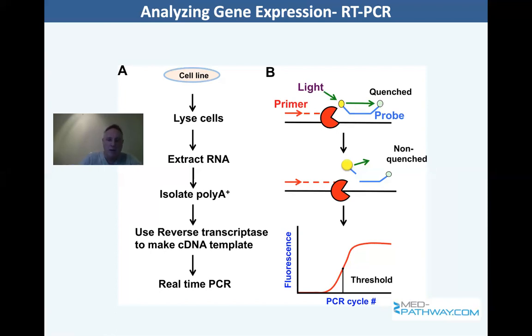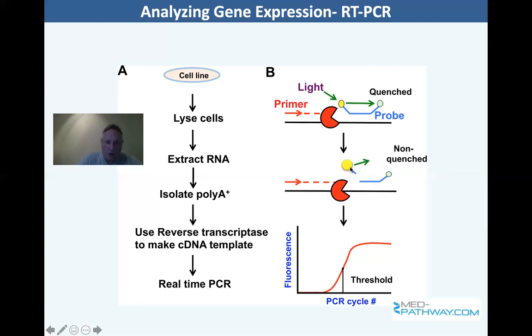But as the Pac-Man polymerase comes charging through right here, it has a 5' to 3' polymerase activity, but it also has an exonuclease activity, and it can chop up these internal probes.